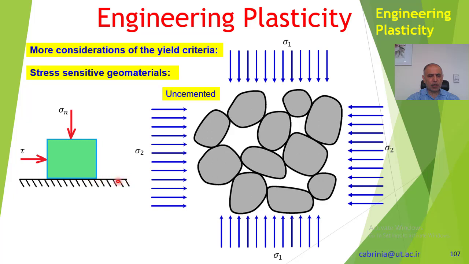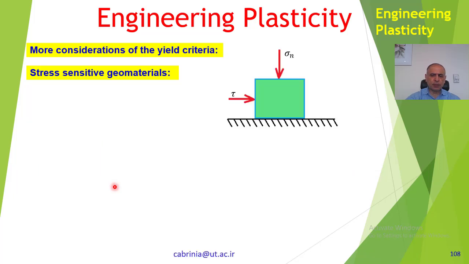This surface has friction, so it has to overcome the friction. Here we have shown sigma n equal to Fn divided by A. Fn is the force acting on this area, therefore force divided by area is the stress sigma n, and similarly tau is equal to Ft over A. Because this is a cube, all the surfaces have the same area, which is why we have written A here and A there.